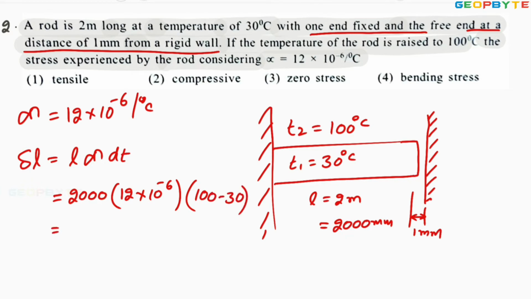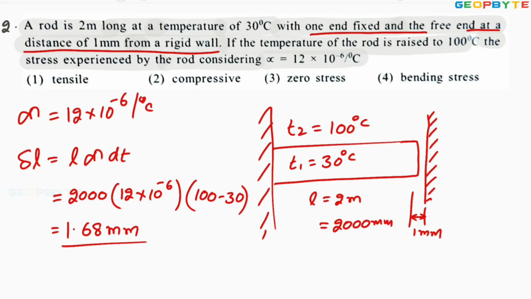Simplify this value to get how much elongation is happening in the body while the temperature is increasing from 30 degrees centigrade to 100 degrees centigrade. So the change in length or extension is 1.68 mm. That means the body is going to elongate by a distance of 1.68 mm.